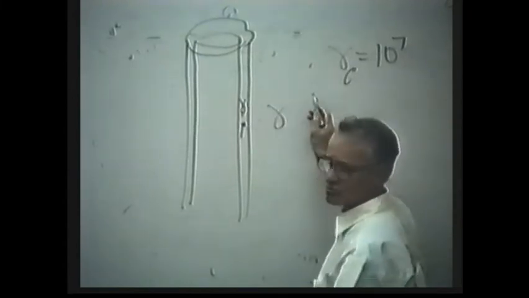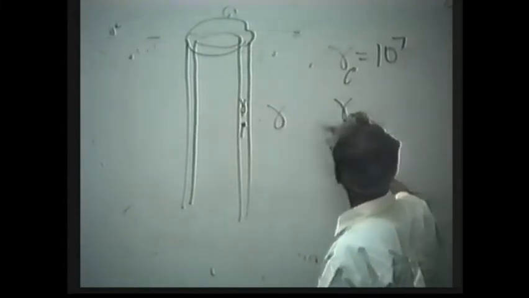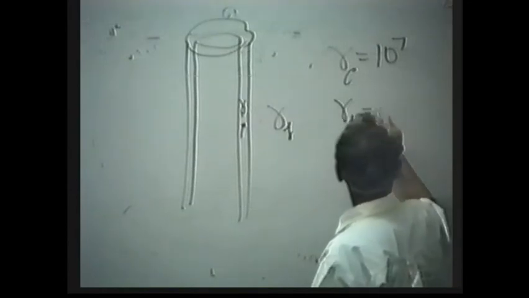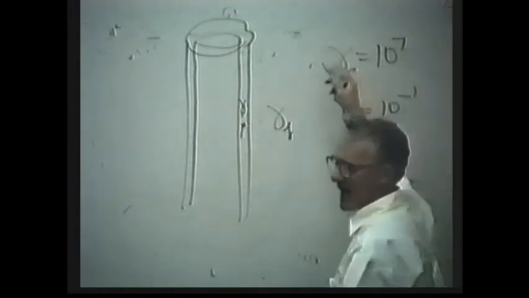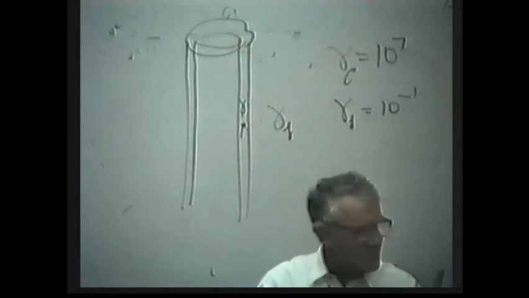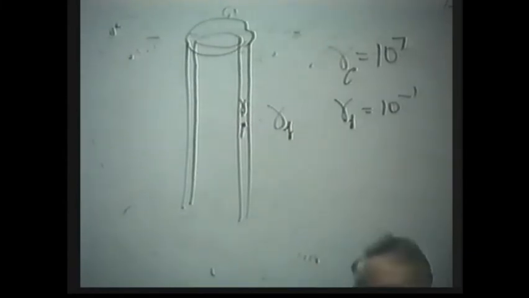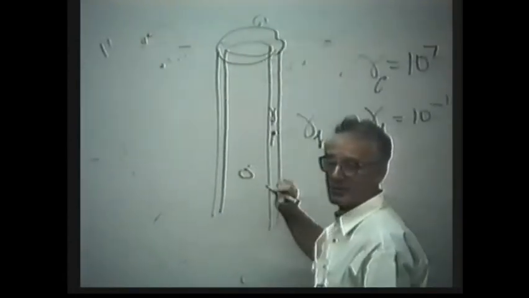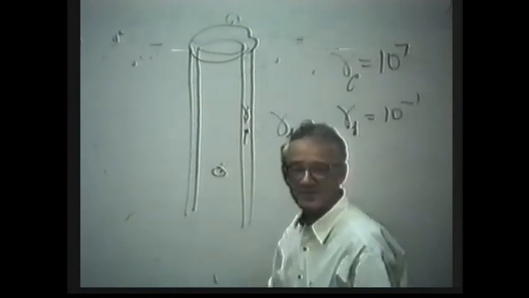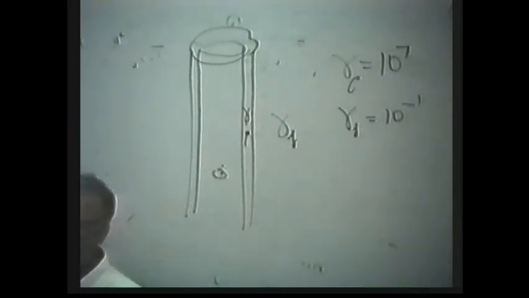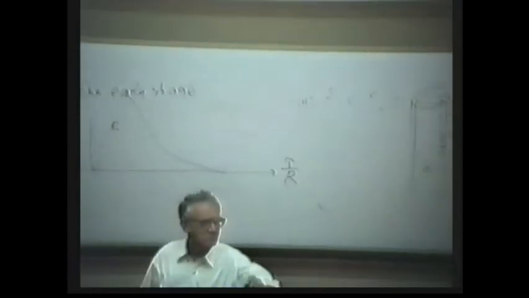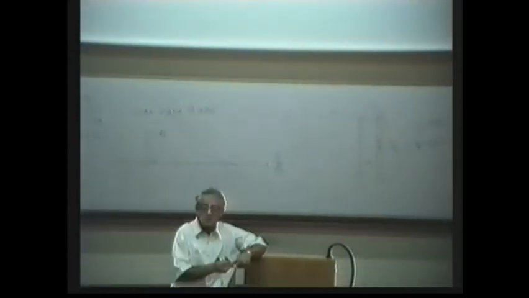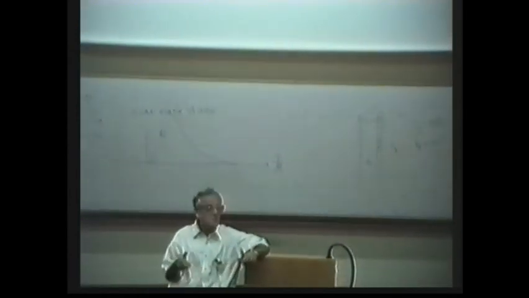Conductivity of the rocks, the formation, 10^-1. Eight orders, not eight times, eight orders. And let us only mentally imagine an experiment. Transmitter inside. You turn off the current in the transmitter. Where do currents first appear?